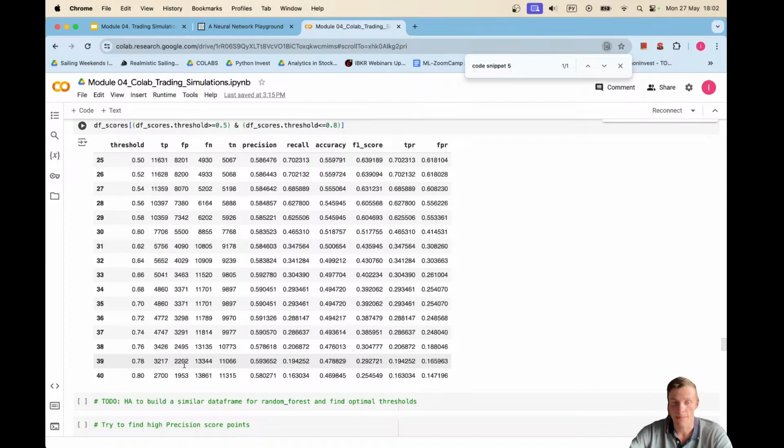But these may be rare events, and you may not have any examples of these events in the test set.